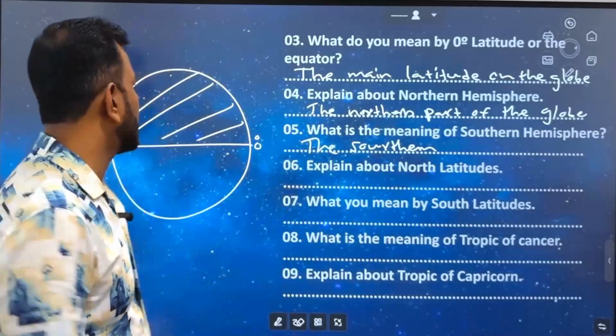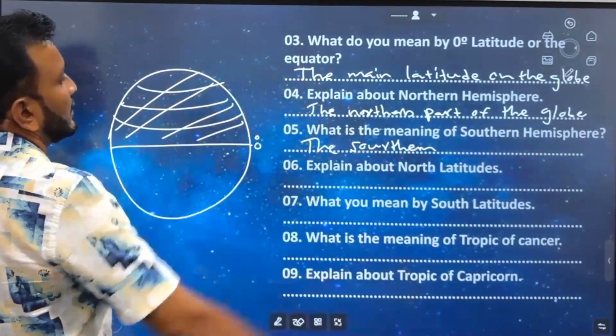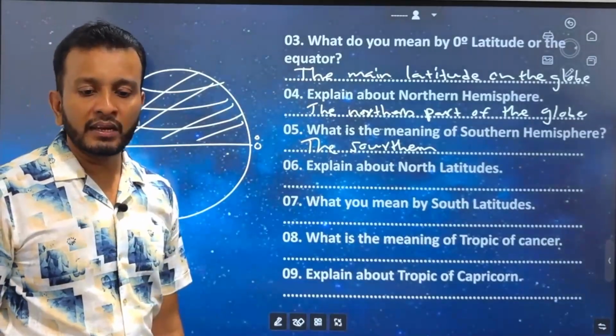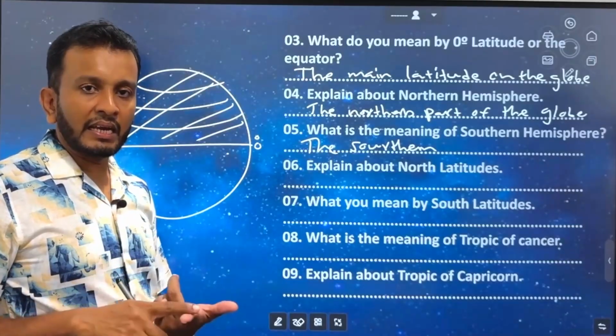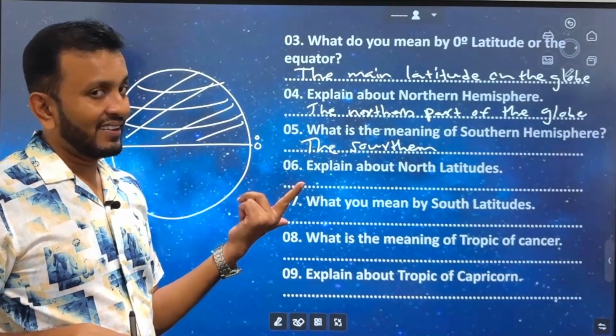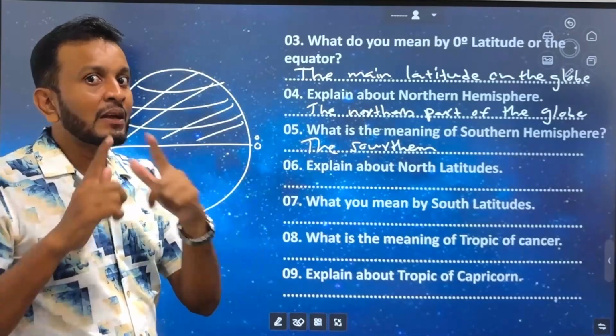Explain about north latitudes. Here, these are the north latitudes. The imaginary lines drawn above the equator.